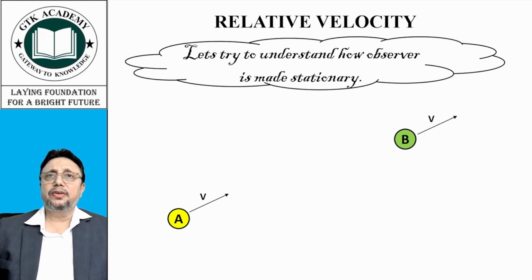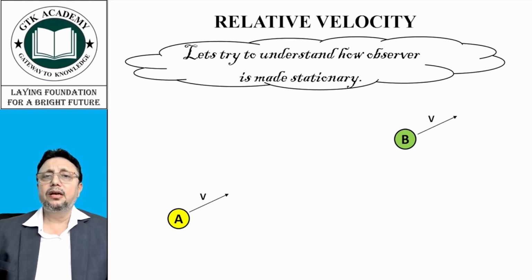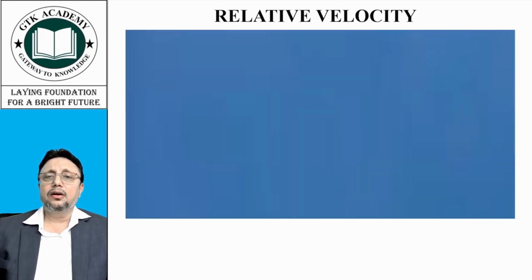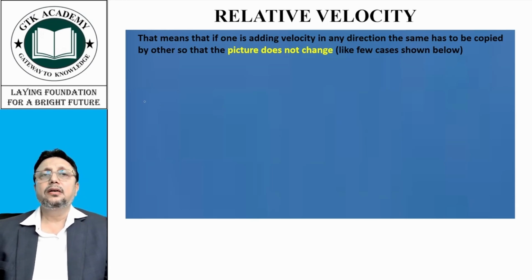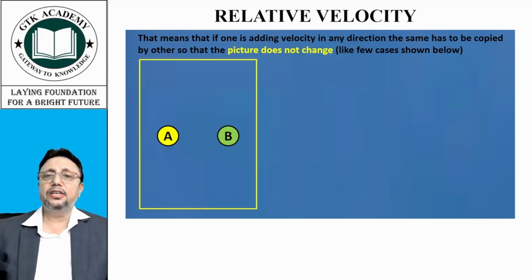The distance between them will be the same, because if A is moving with velocity V in one direction, B is also moving. That means if one is adding velocity in any direction, the same has to be copied by the other, so that the picture does not change. Let's see a few examples.